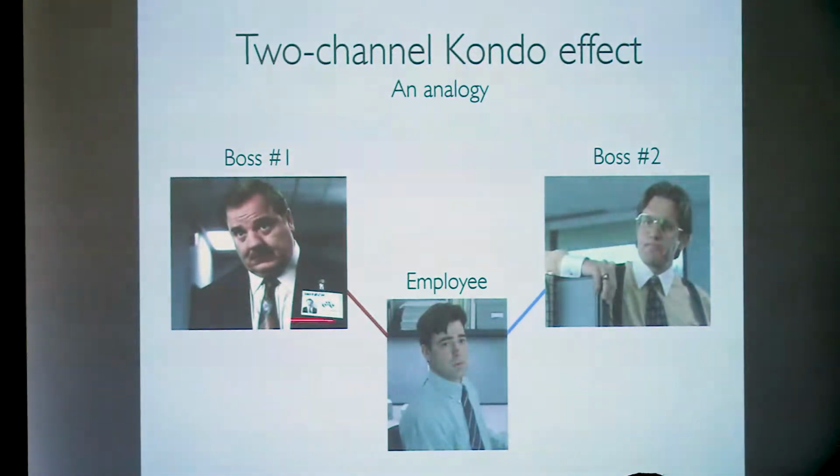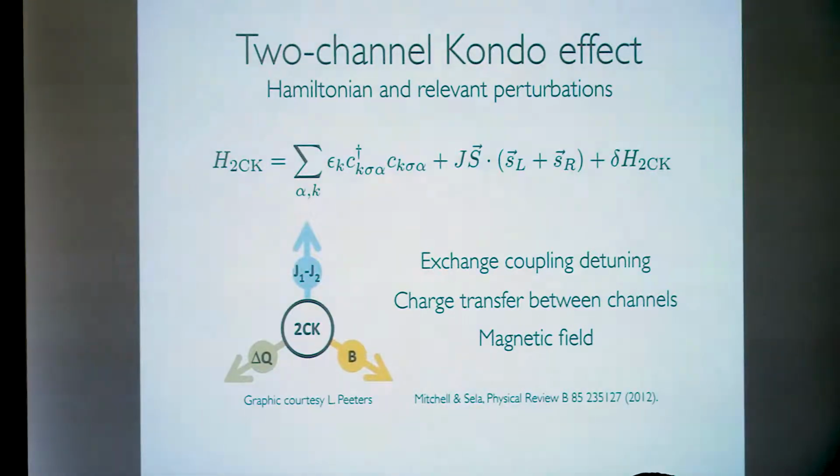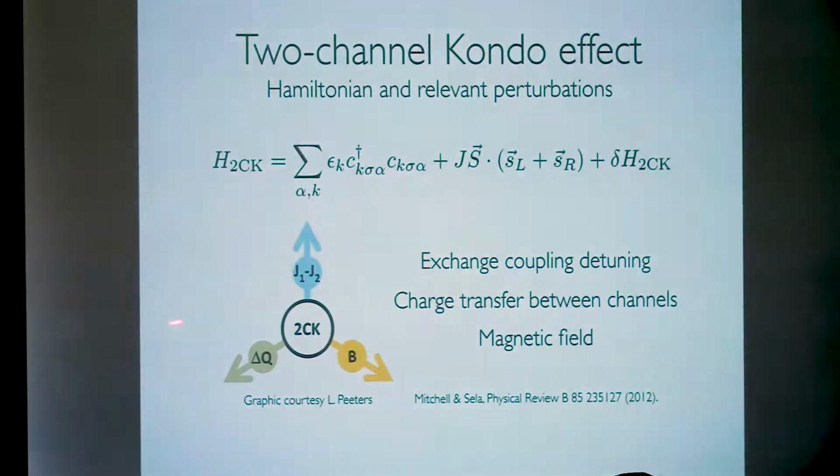And likewise, if the two bosses talk to each other, the more they talk to each other, the less likely there is to be some conflict. But if they're totally isolated from each other, then that sets you up also in a frustrated situation. In other words, what I'm trying to do is summarize the relevant perturbations to the two-channel Kondo state, and I've just given you two of them by way of analogy.